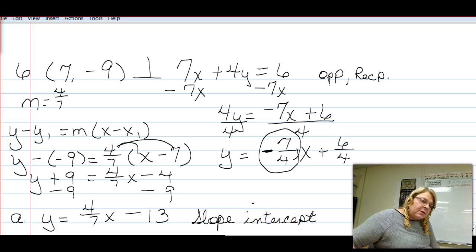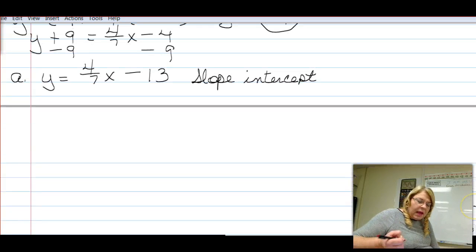Part B asks for me to find the answer in standard form. I do it just like I've done the other two answers. I'm going to subtract 4/7 x from both sides.